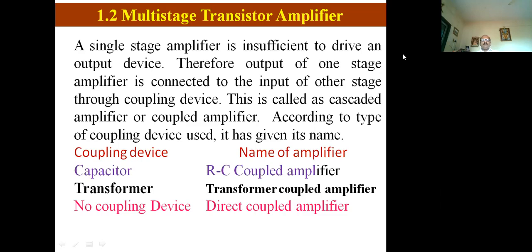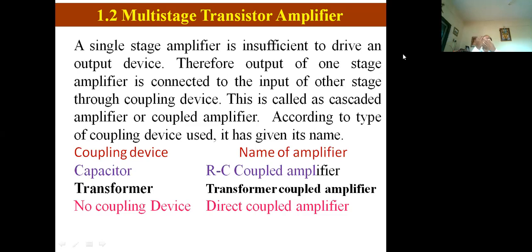And according to the type of coupling device, there are different types of coupled amplifier, different types of multi-stage transistor amplifier. Therefore, what are the coupling devices? This is one amplifier, this is the other amplifier, the first amplifier and the second amplifier.